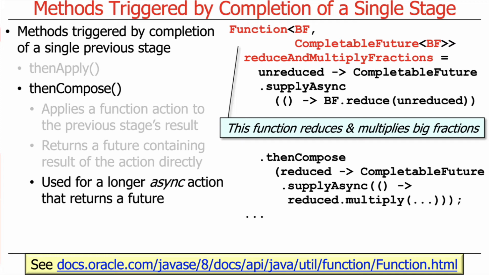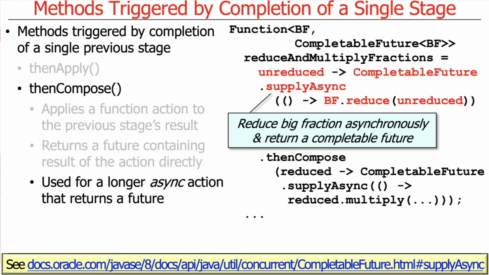Here's what it's going to be implemented as. We say CompletableFuture.supplyAsync, and then we reduce the unreduced big fraction. This is going to run asynchronously, so it's going to return a completable future. Okay, so far so good. And the key thing to note here is that this computation returns a completable future, not a value.